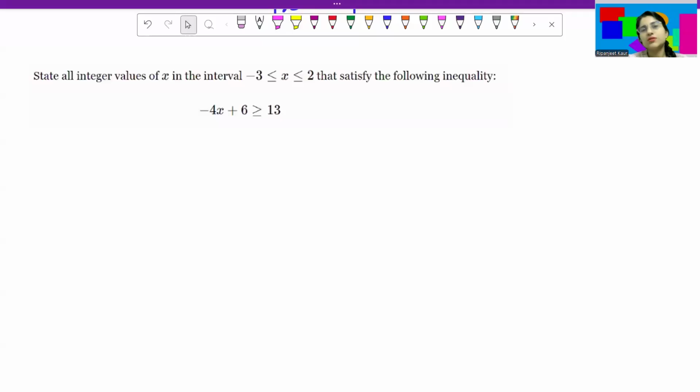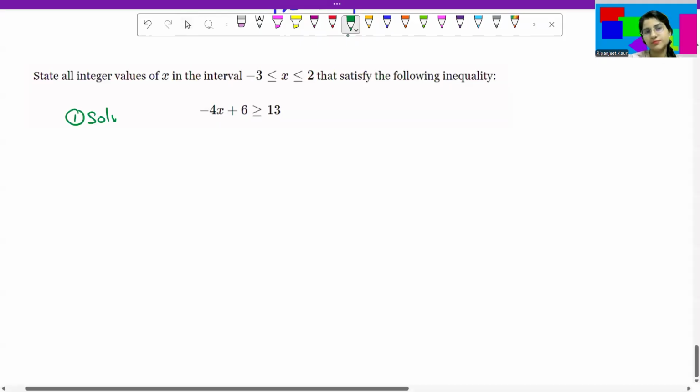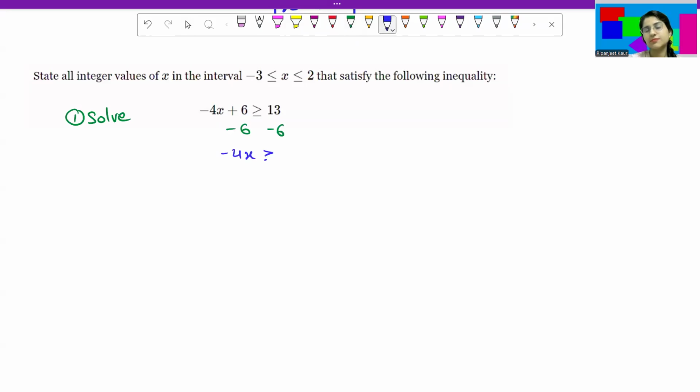State all the integer values of x in this particular interval satisfying the following inequality. So what is the first thing we'll be doing? Now you will have to tell me what we have to do. First, we'll solve the inequality, which will be minus 6, so negative 4x greater than or equal to 7.